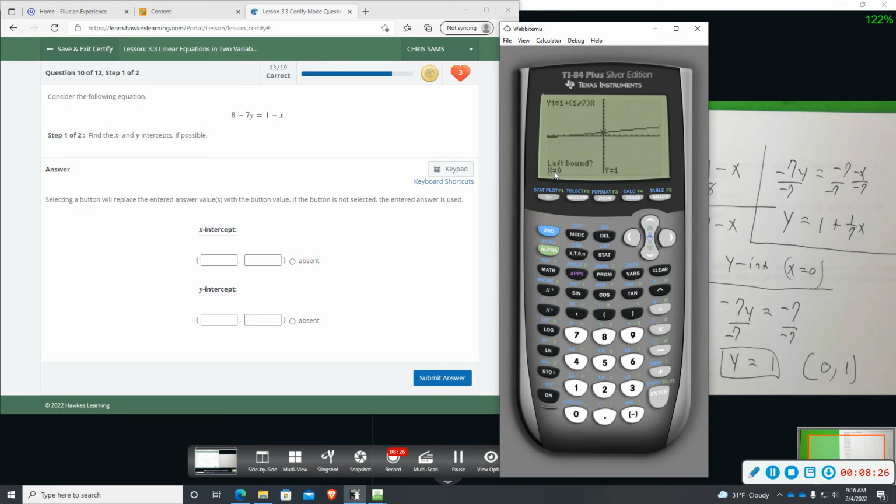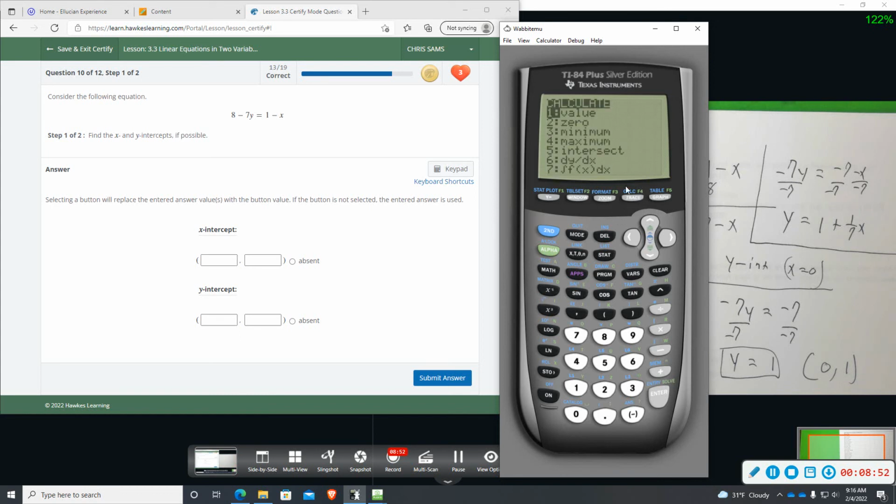So it wants you to go to the left of it, so I'm going to arrow a little bit to the left. You can see x is negative here. I'm going to go a little bit to the right, and then it asks me to guess. You don't have to guess, just hit enter. As long as that 0, I forgot, is looking when x is 0, not when y is 0. So let me do that again.